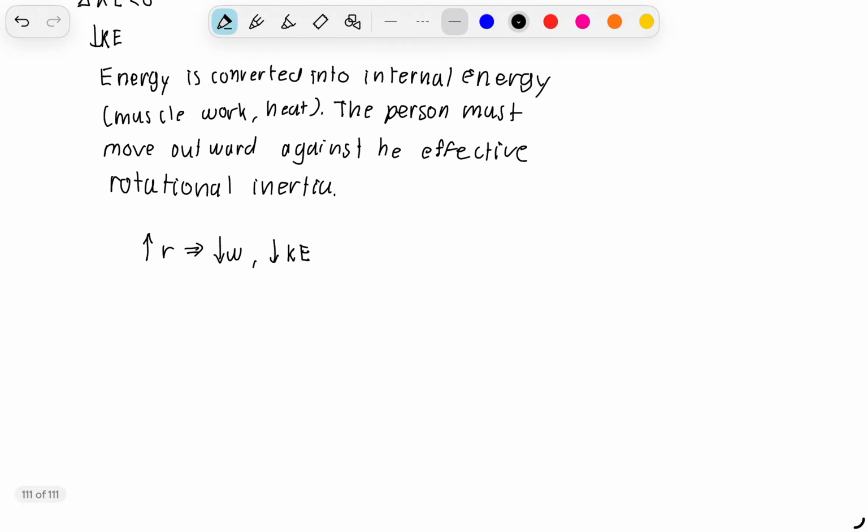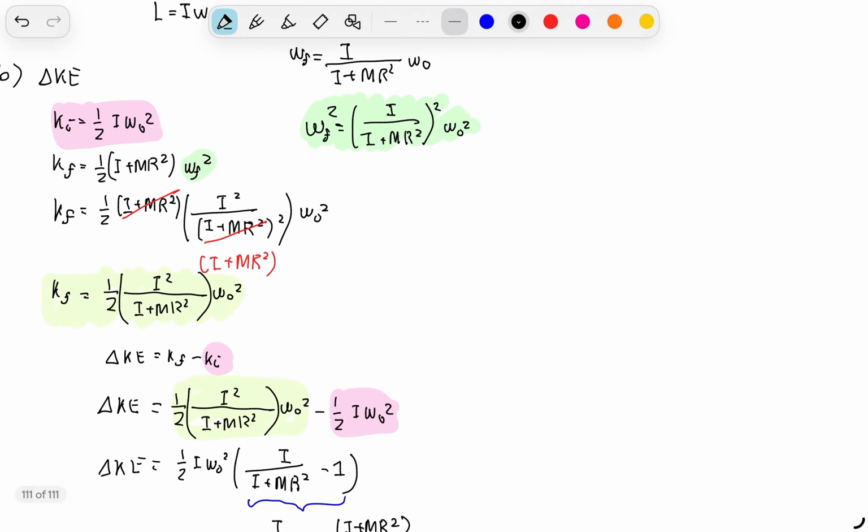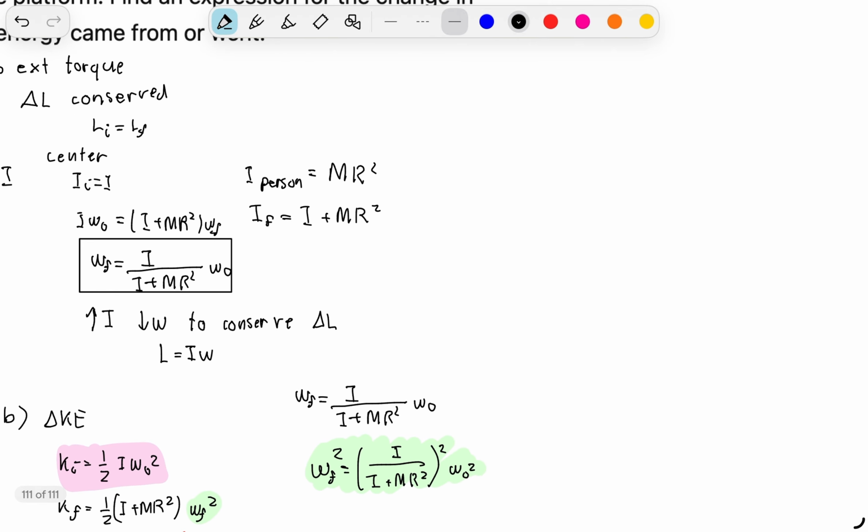And again, going back to omega f, it is going to decrease and is less than omega initial because inertia initial was less than inertia final.